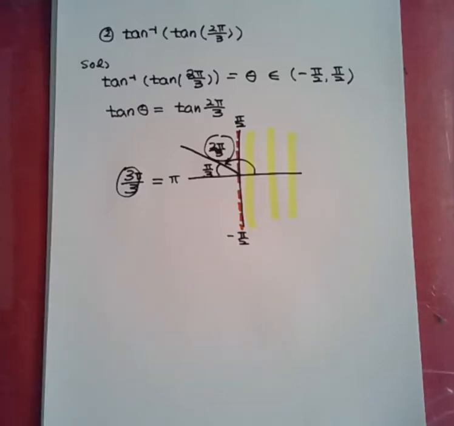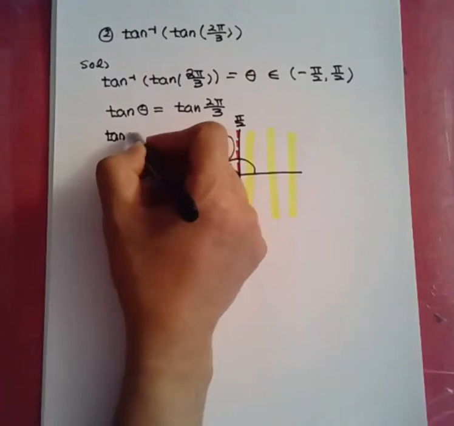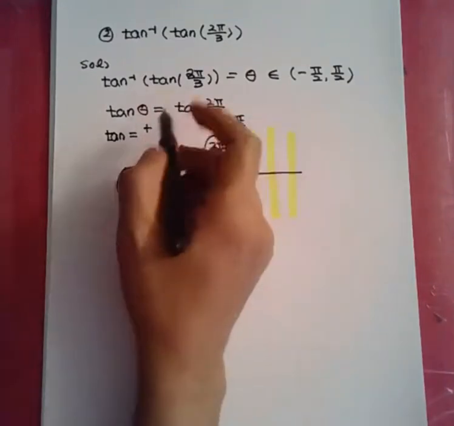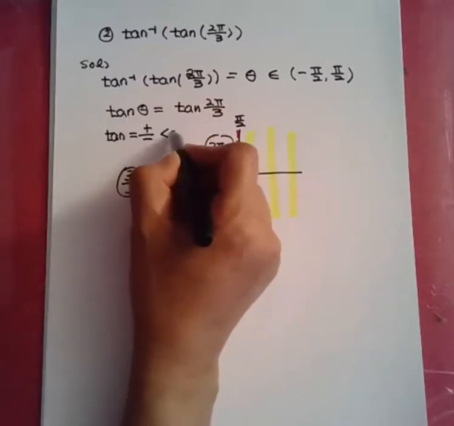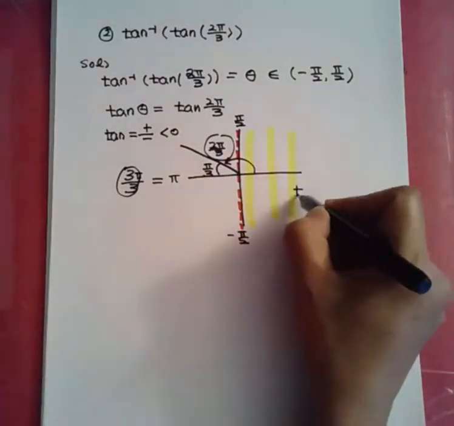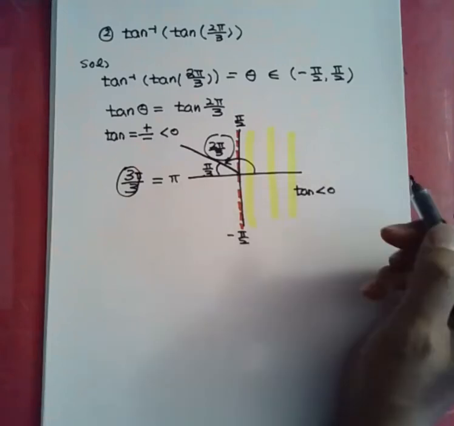Next thing we have to consider is the sign of tangent in the second quadrant. If you think about it, tangent is y over x. Y is positive in the second quadrant and x is negative, so the tangent value is negative. And we also know that tangent is negative in the fourth quadrant.